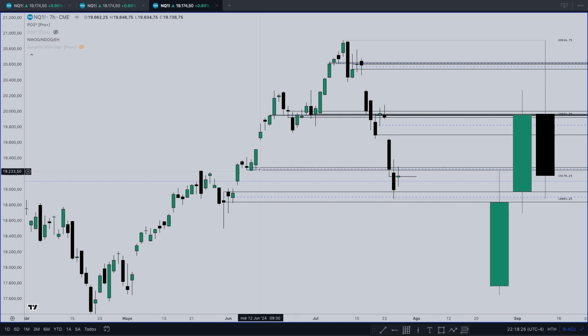This blue line between these two gaps is what ICT called the event horizon. It's the 50% distance between two gaps, and it's important when you are trading these gaps, because once you reach or you are leaving this price level, you are going to refer to the next one.